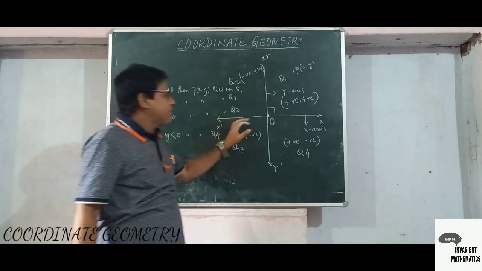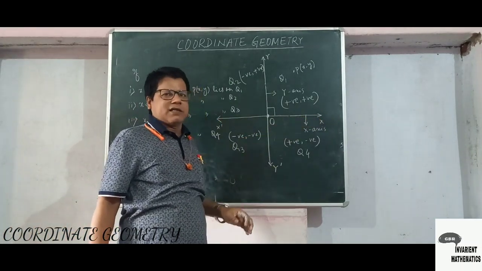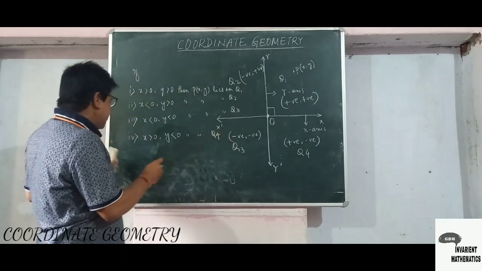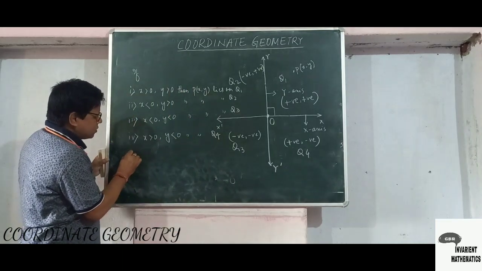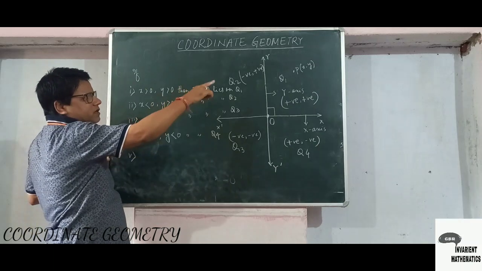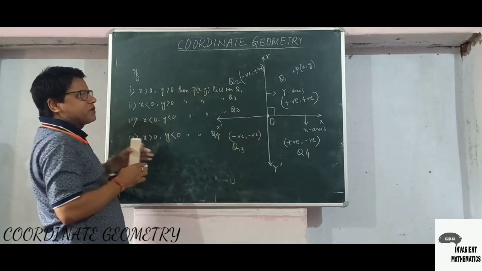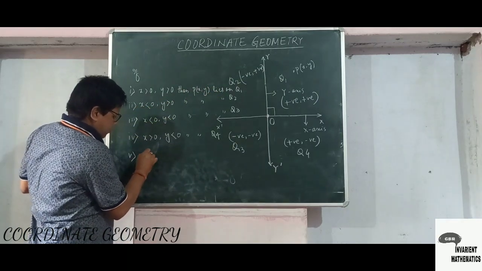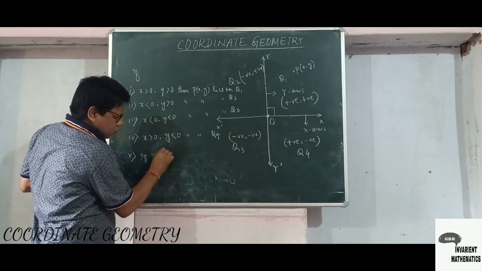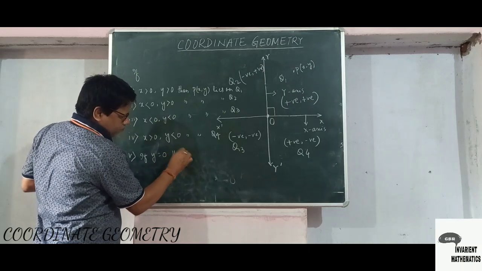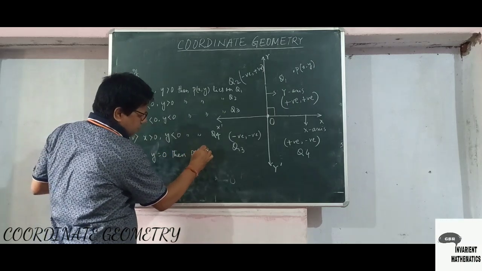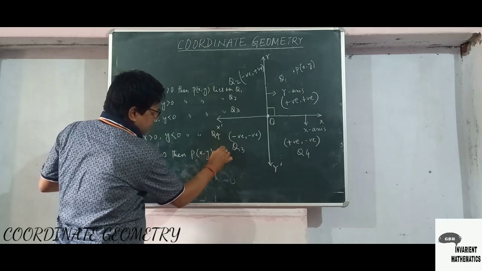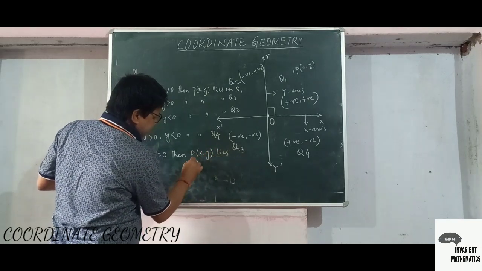Then, when a point lies on the x-axis, suppose of the two coordinates of P, x and y, if y is equal to 0, then P(x, y) lies on the x-axis.